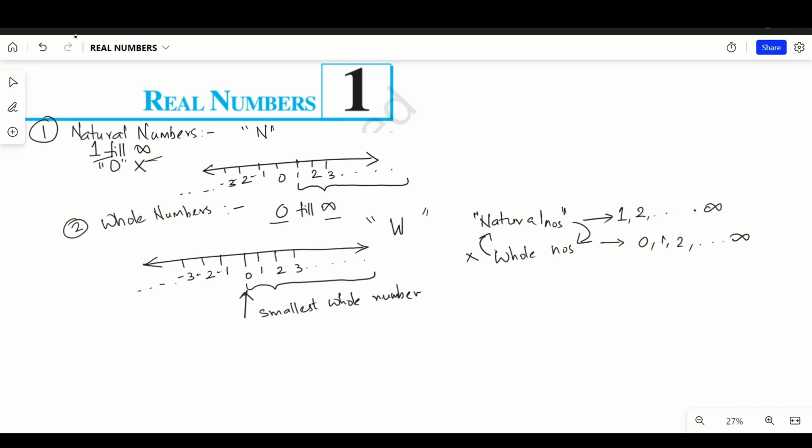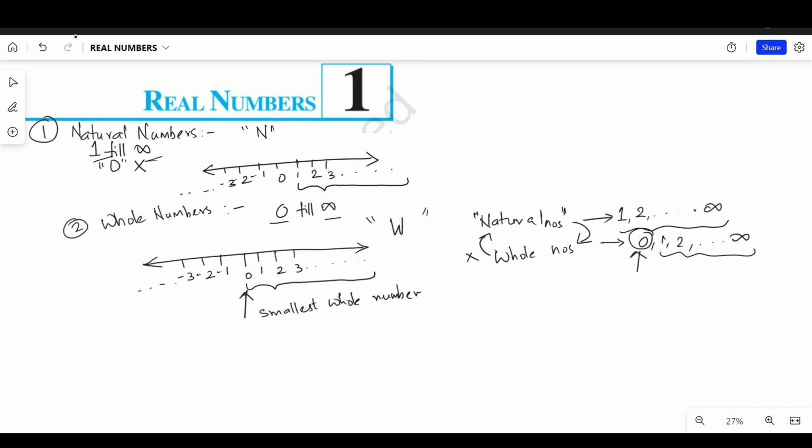So all the natural numbers are whole numbers, but we cannot say whole numbers are natural numbers, because in whole numbers there is an extra 0 which is not present in the natural numbers.